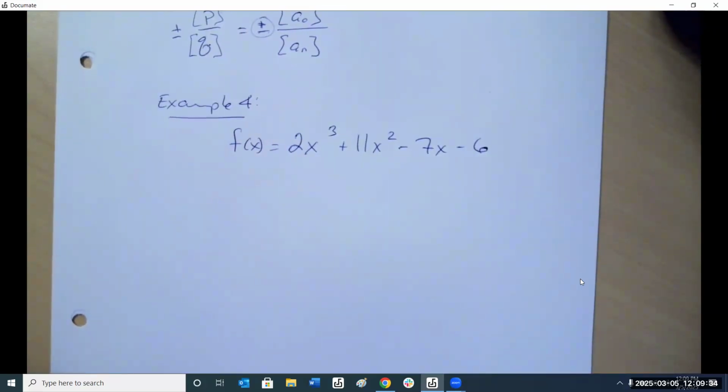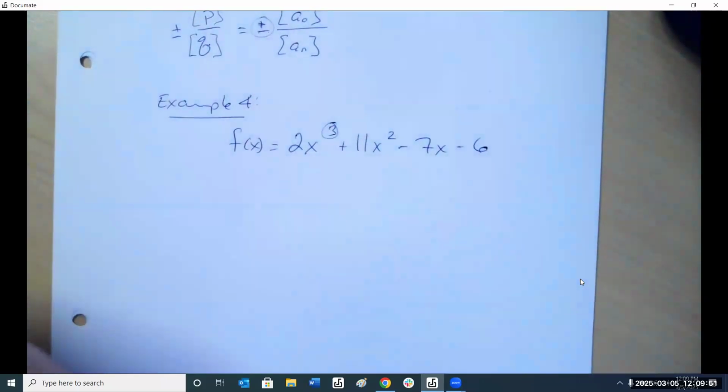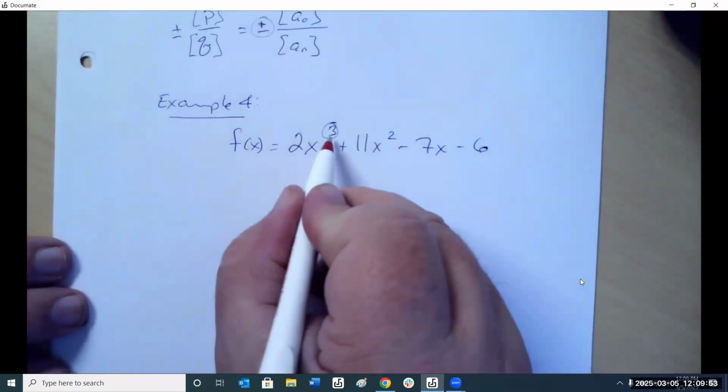What can you tell me so far about this polynomial? How many zeros are we going to have? One or zero. At most 3.